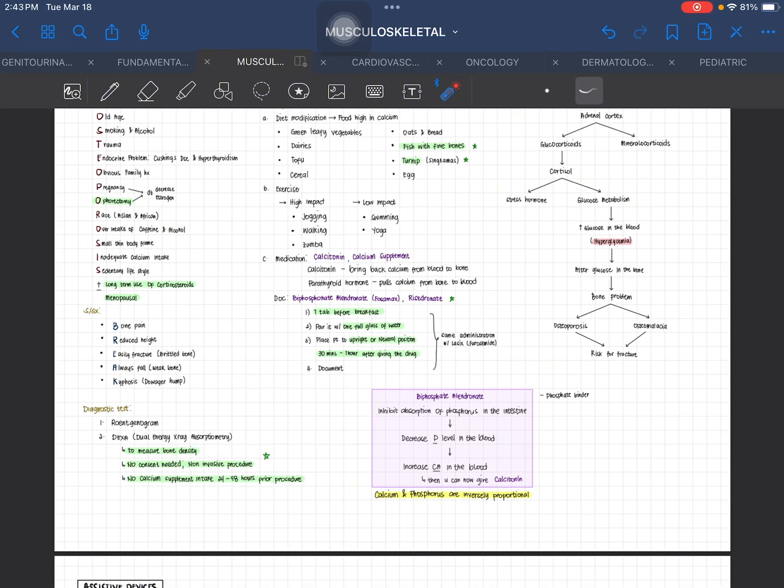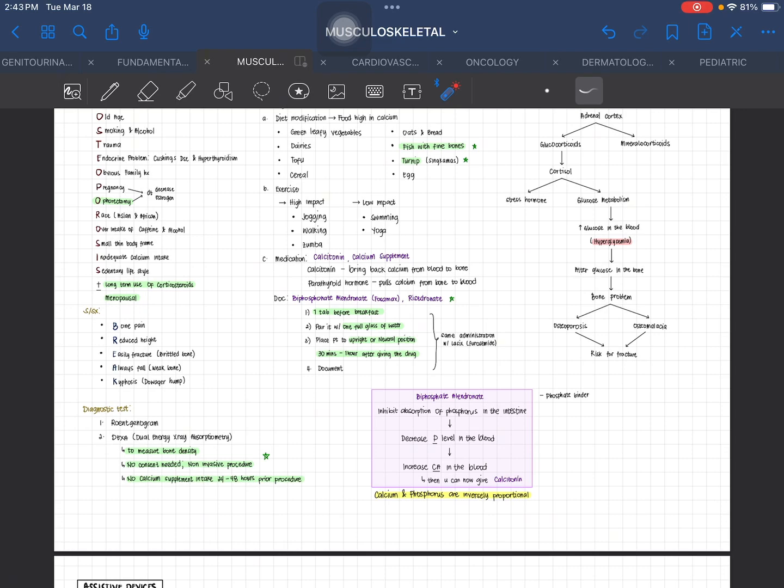Dito natin, ang diagnostic test for osteoporosis is röntgenogram and DEXA. DEXA stands for dual energy x-ray absorptiometry. It is used to measure the bone density.